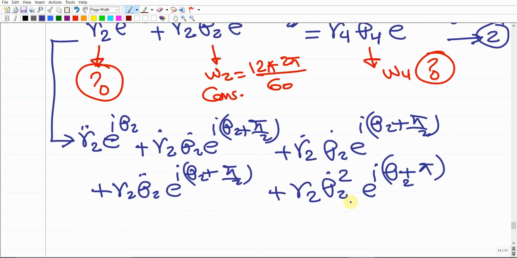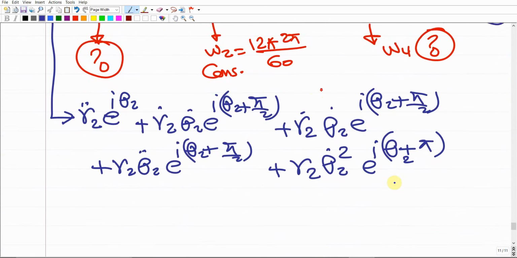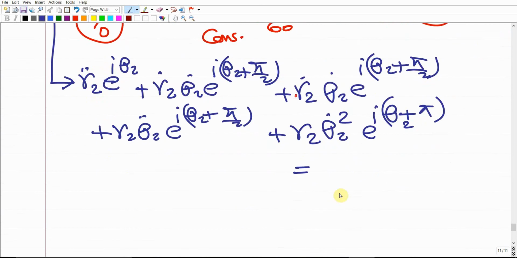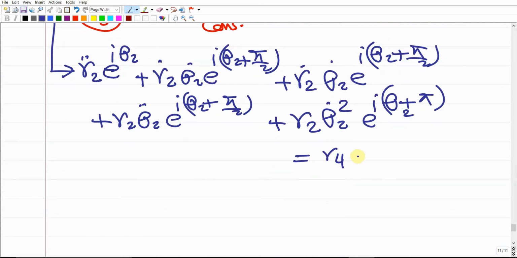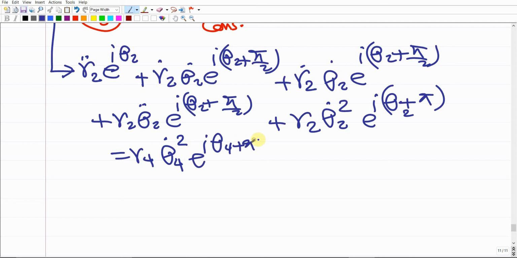So it has been split over three components, equals, R4 is just constant. So this is going to give us the R4 theta 4 dot squared e^(i(theta 4 plus pi)). This is the normal component, plus the R4 theta 4 double dot e^(i(theta 4 plus pi over 2)).